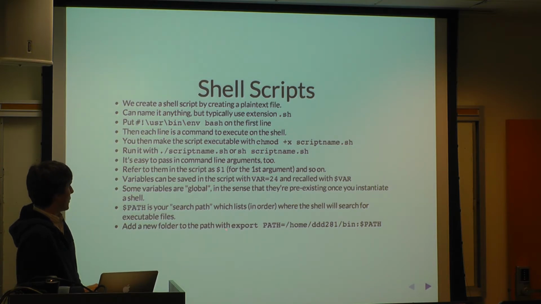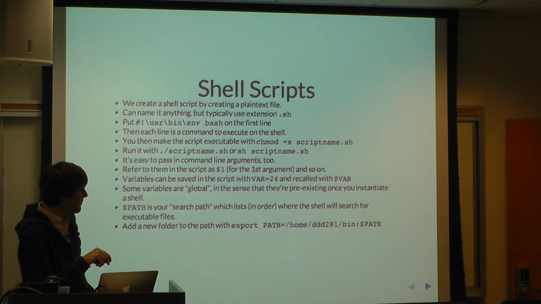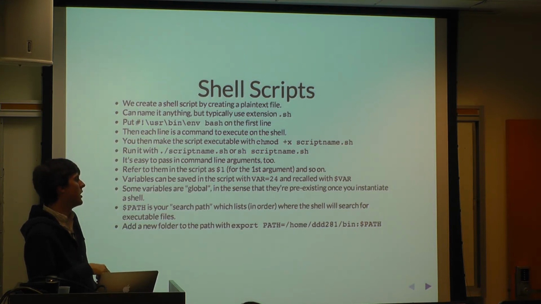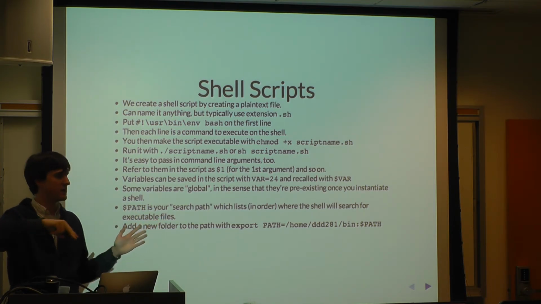So you can add a new folder to your path using this command. You do export, which means export it to the whole shell. PATH equals whatever the new folder we want, then a colon, you divide the folders with the colon, and then $PATH, which, remember, recalls the variable path, so it's going to list all the other things that had previously been in your path.